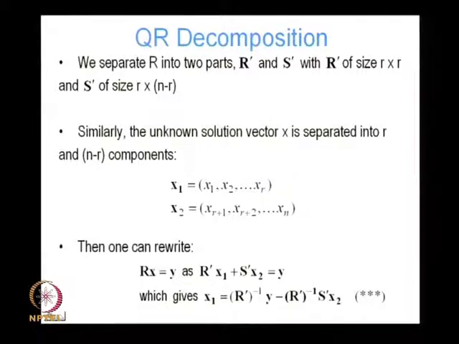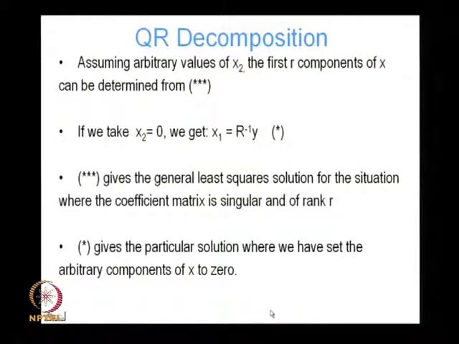In this case, the null space is of size n minus r, so x2 is of size n minus r. These are arbitrary values, and I can write my remaining x1 in terms of this x2 and my y, which I formed during my orthogonalization.